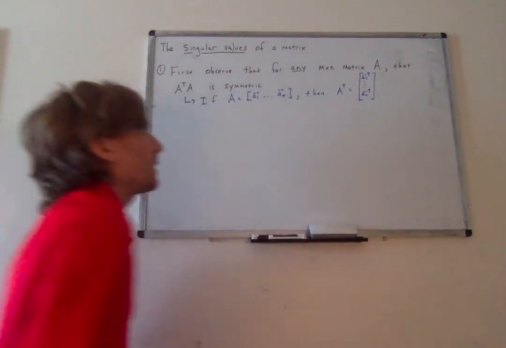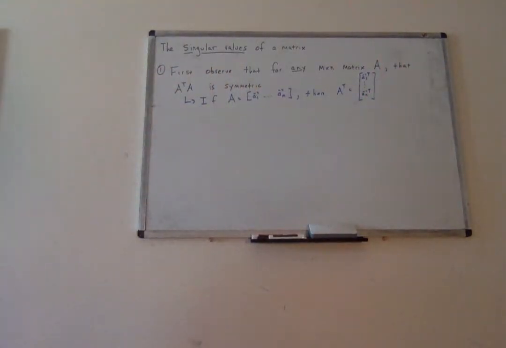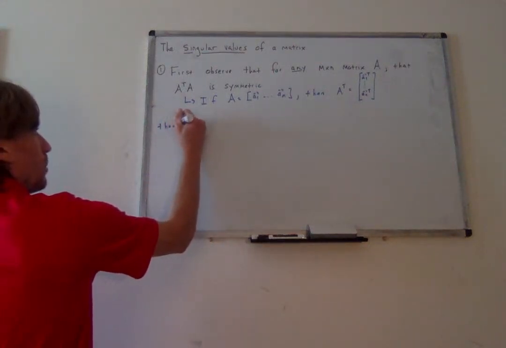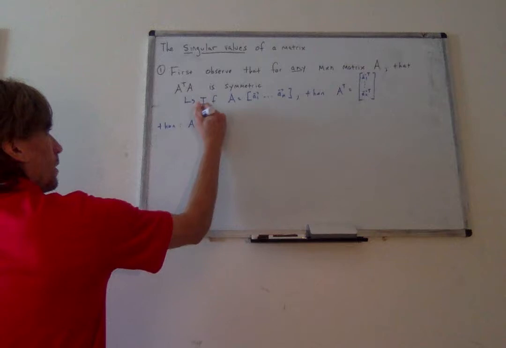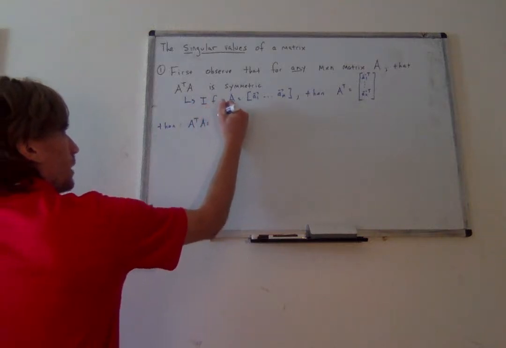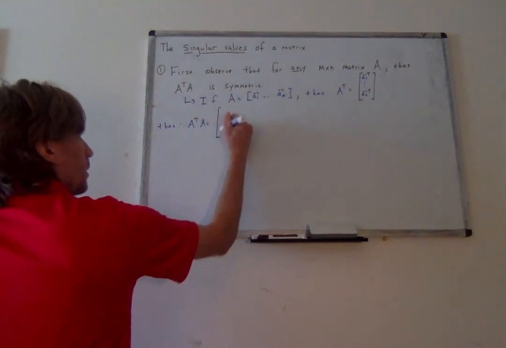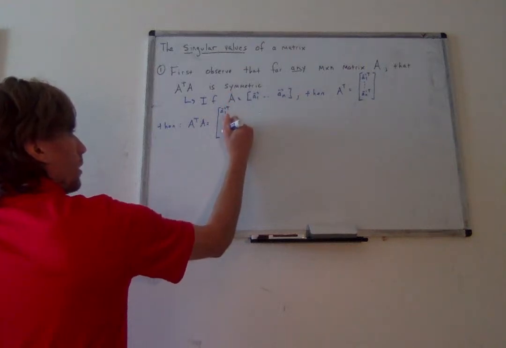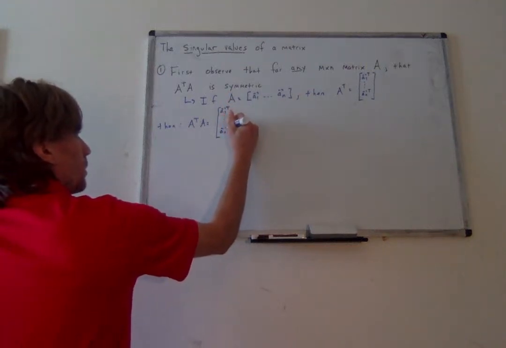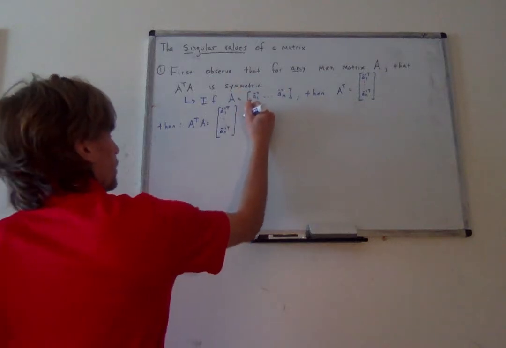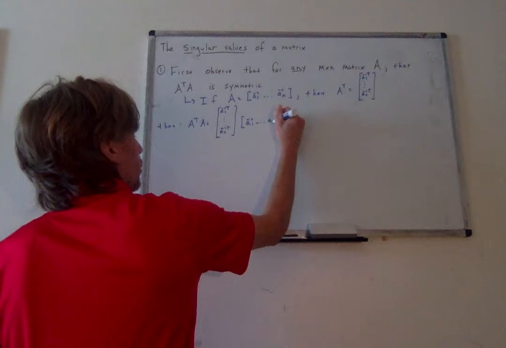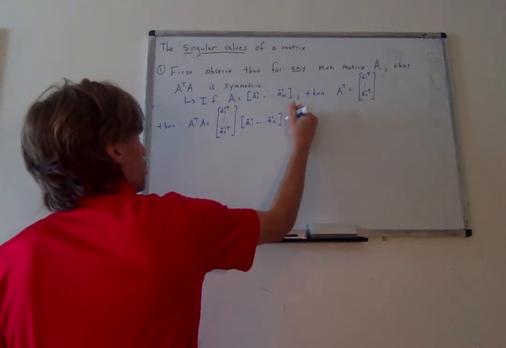Here all I'm stating is that the rows of A transpose are the same as the columns of A. And so notice when I multiply A transpose times A, we want to keep track of what happens to each of the entries of this matrix as I compute this product.